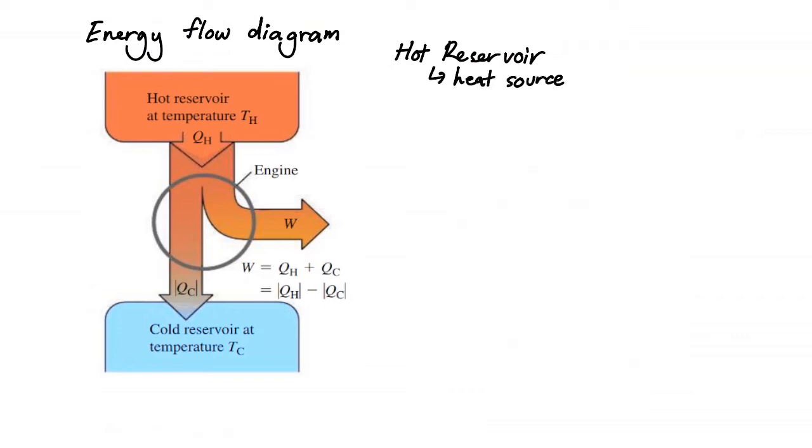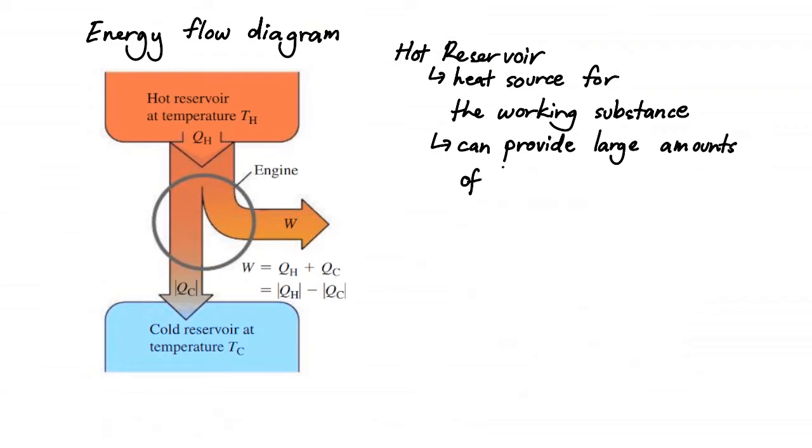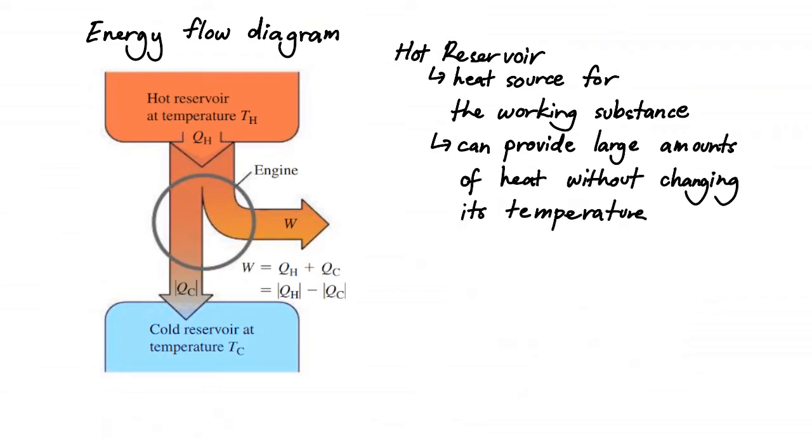So this is the heat source for our working substance. Now, ideally, we assume this as a source that can provide large amounts of heat without changing its temperature. So this is not the case in reality. Mauubos mo talaga yung heat that is from our fuel. But for our analysis, we will assume that this is an infinite source of heat na provide papunta sa ating engine.